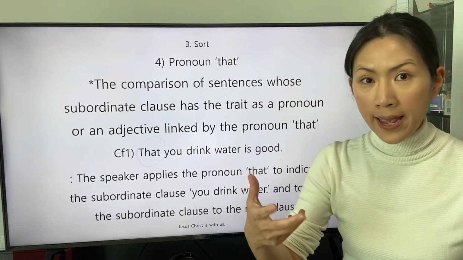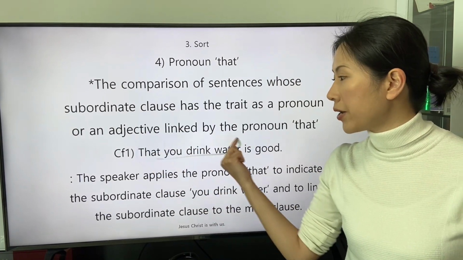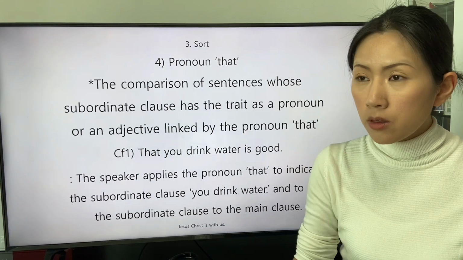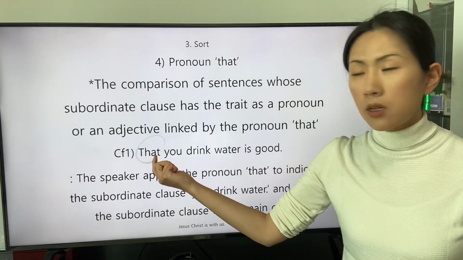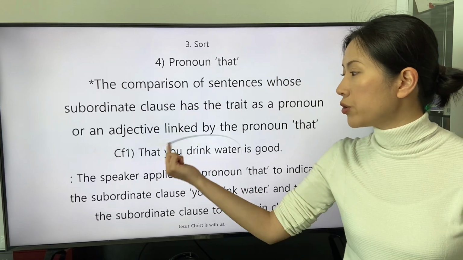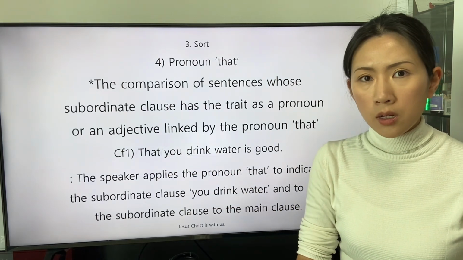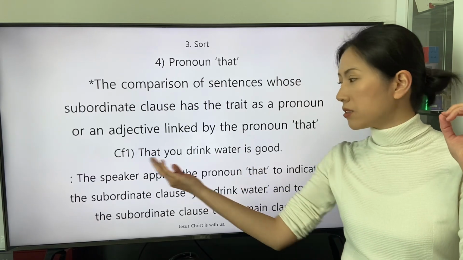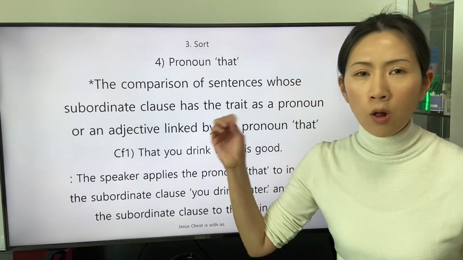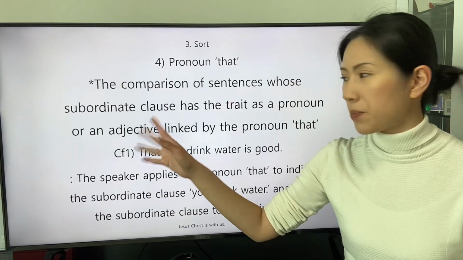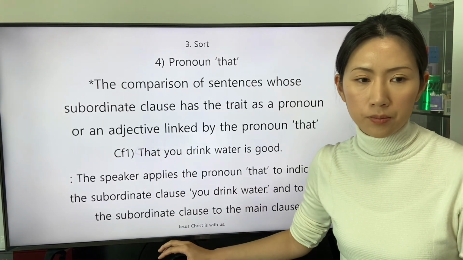The pronoun that indicates the entire subordinate clause, you drink water. The pronoun that and the subordinate clause, you drink water, is applied as the subject in the main clause. We can also see that there isn't the precedent described by the pronoun that.